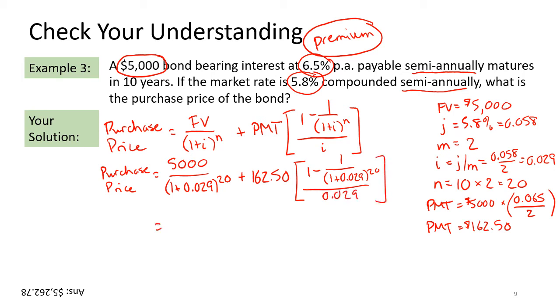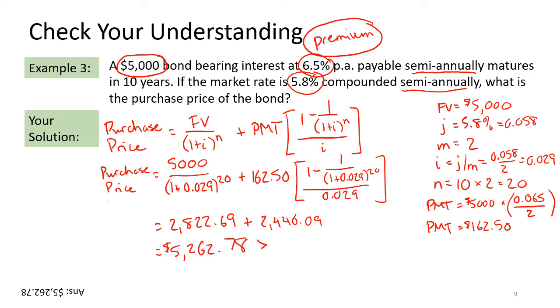And if you calculate each one of these out, the first number would come out to $2,822.69, plus the value of our payments, $2,440.09. And if you add those two together, you get a purchase price of $5,262.78.